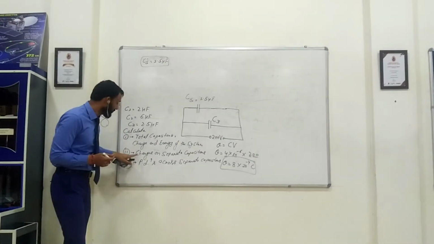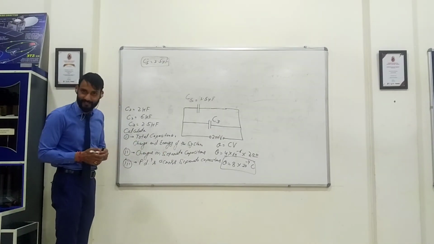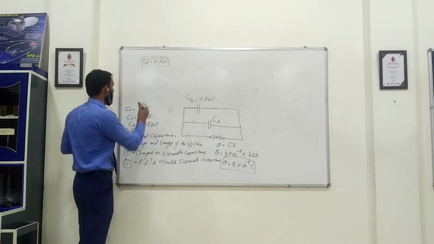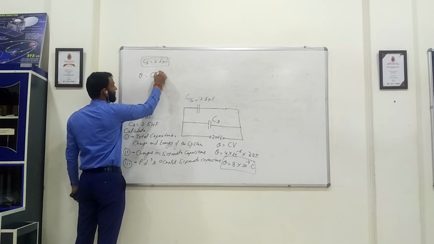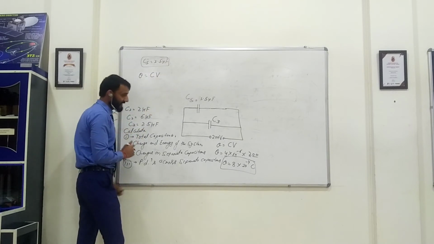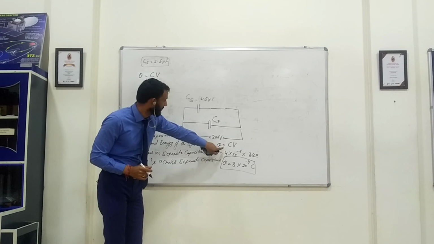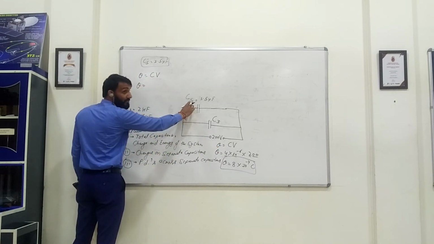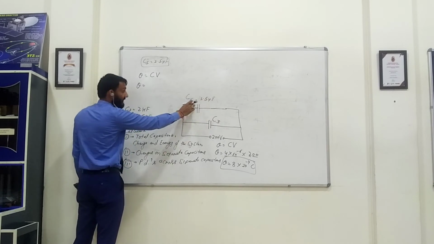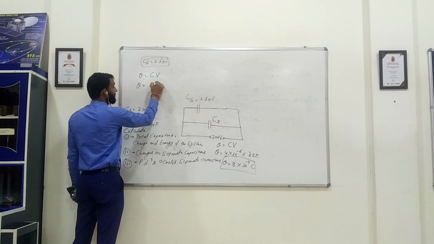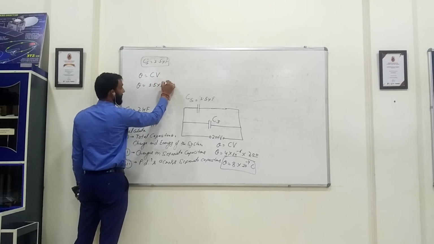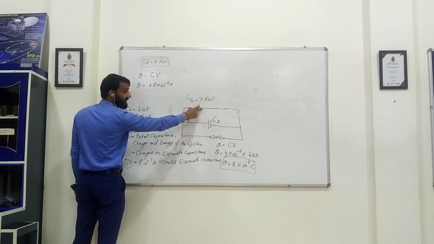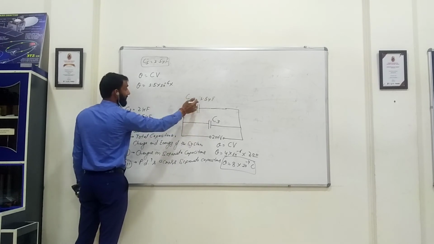I had to find charges on separate capacitors, right? So can I calculate the charge through this CS? So charge through CS will be Q is equal to CV. How much is the combination of C1 and C2? This much. So 1.5 into 10 to the power minus 6 into 200. Why 200? Because they are connected in parallel and the same voltage will pass through these two.